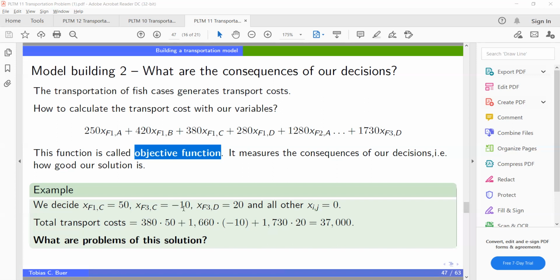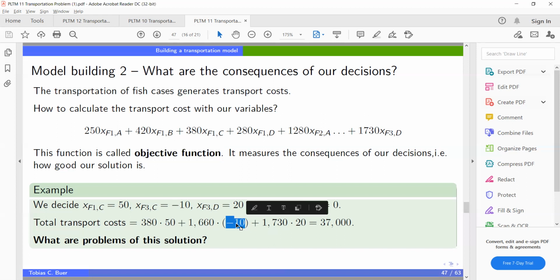There's another problem. So let me say, if we put the minus 10 here, of course, then we also need to put it here, and we have somehow a cost reduction. Then this is just straightforward. The problem is that we have here a negative value in the beginning.